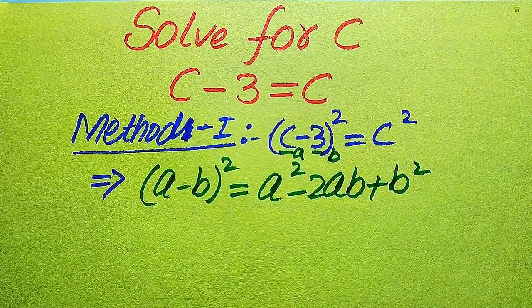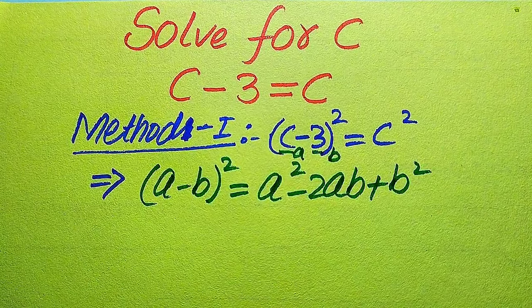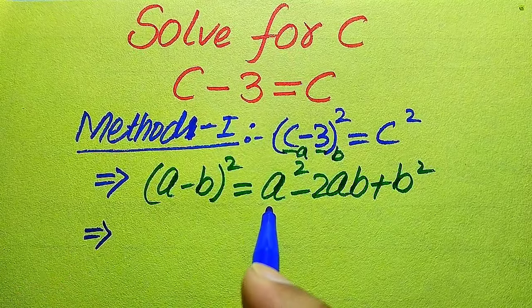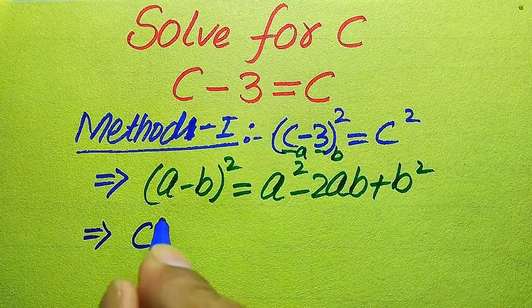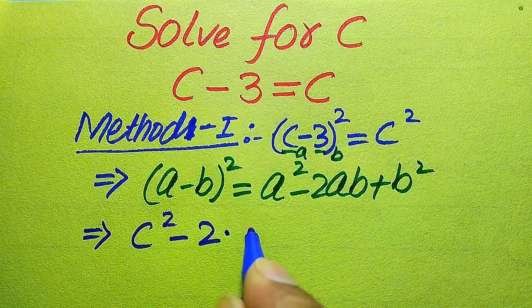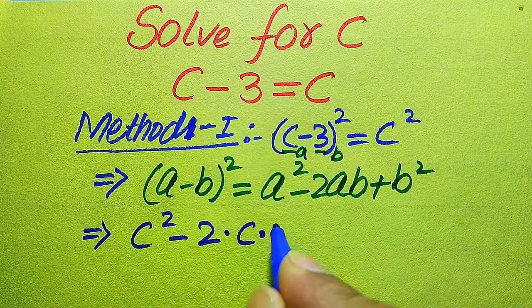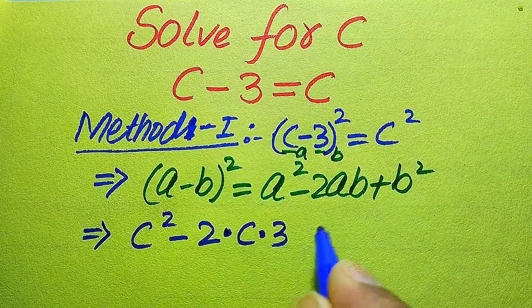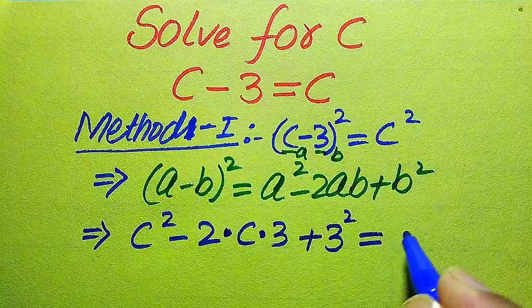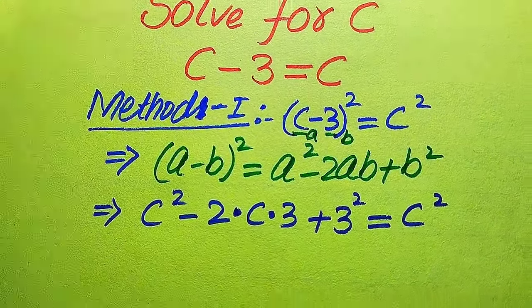So according to these values of a and b, we can write the left hand side of the above equation as: first you have a square, the value of a is c, so c square, minus 2 times ab, the value of a is c and the value of b is 3, and plus b square, the value of b is 3, so 3 square, is equal to c square.